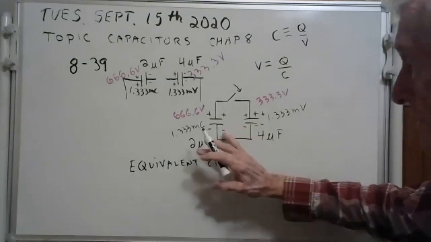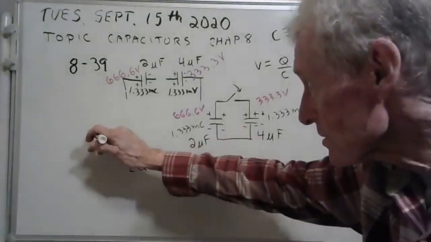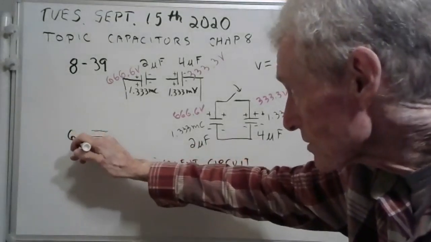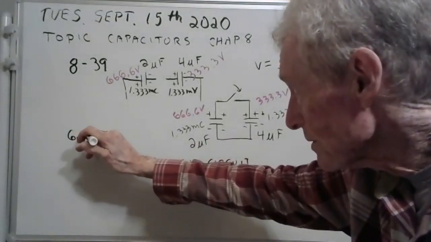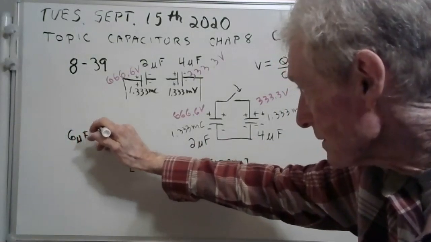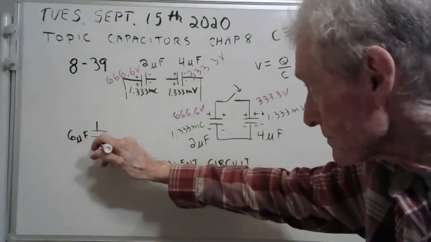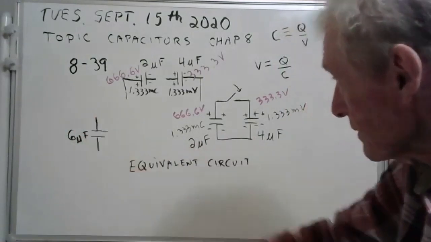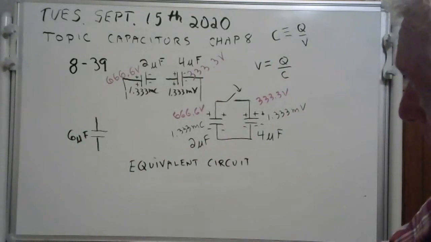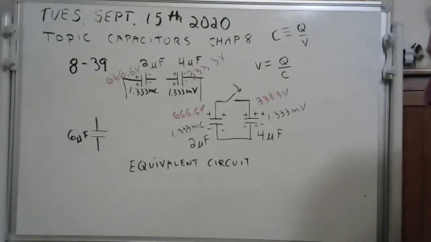Now, the equivalent circuit to this when they're in parallel is a 6 microfarad capacitor. That is the equivalent circuit. And what do we know about it? Well, we know the total charge.